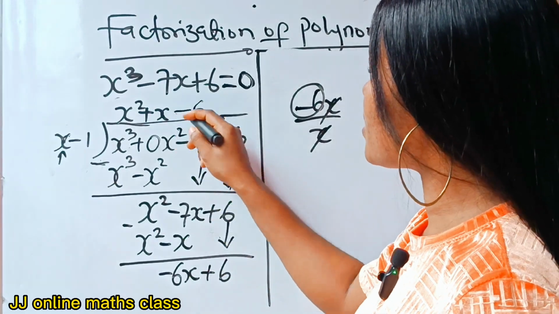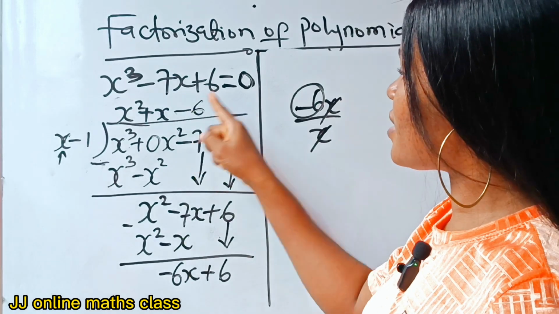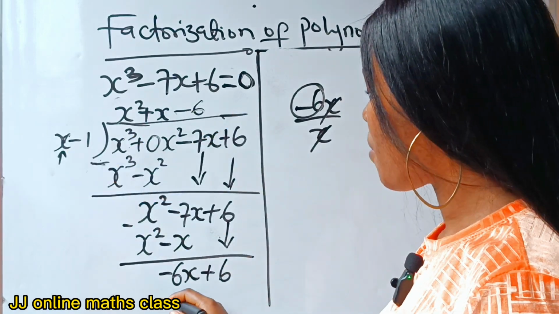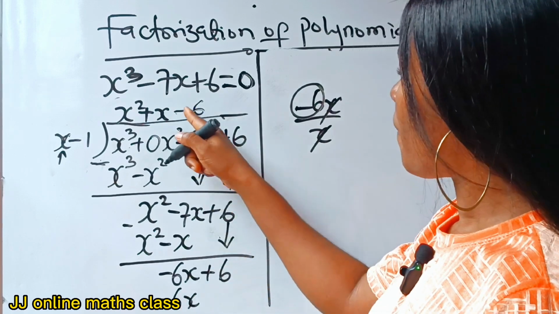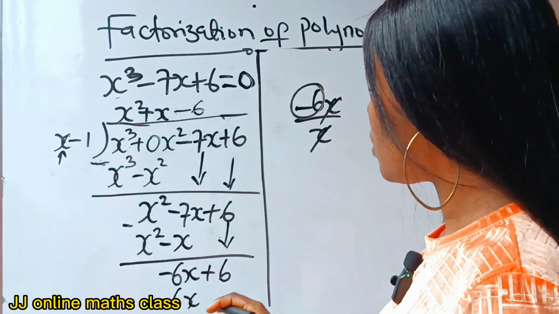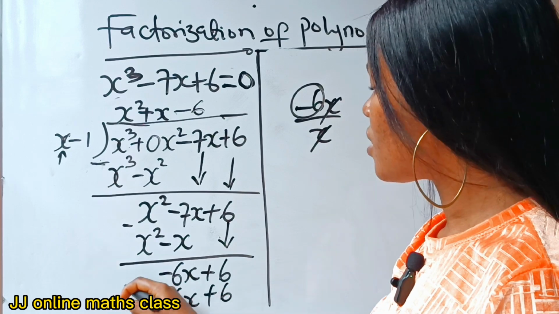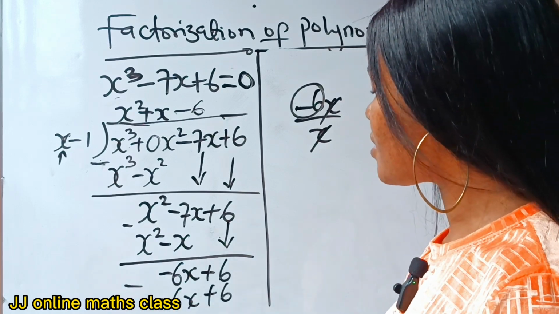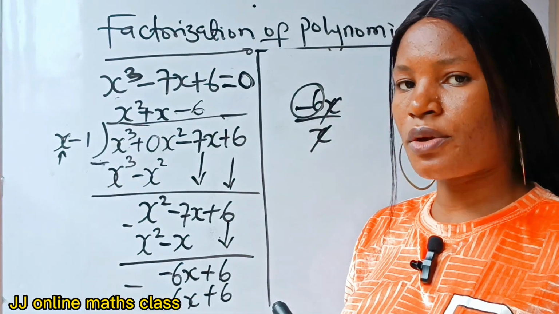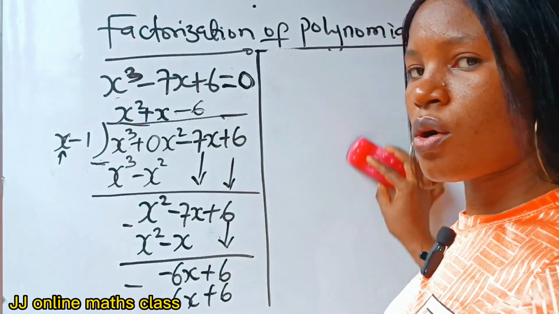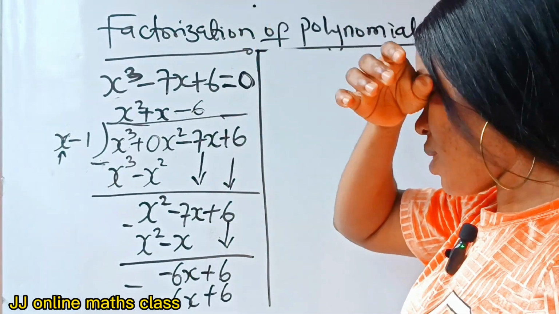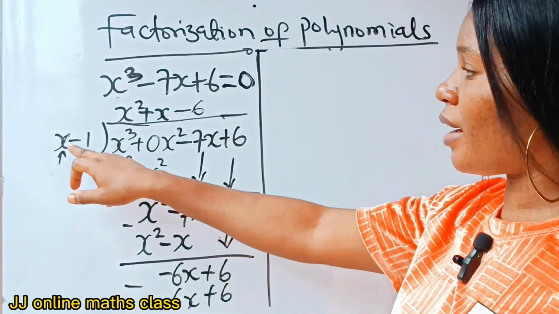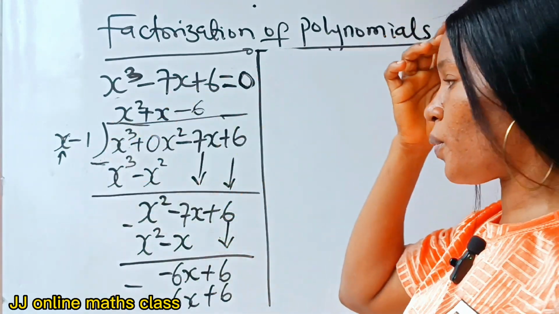So we have minus 6 here. So minus 6 times x will give us minus 6x. Minus 6 times minus 1 will give us plus 6. So when you subtract, this and this are the same. You are going to get 0. All right. So that means that we have succeeded in getting this and our quadratic equation.